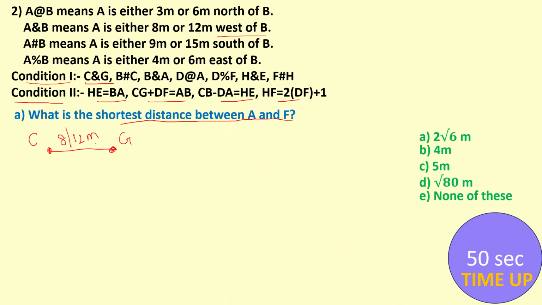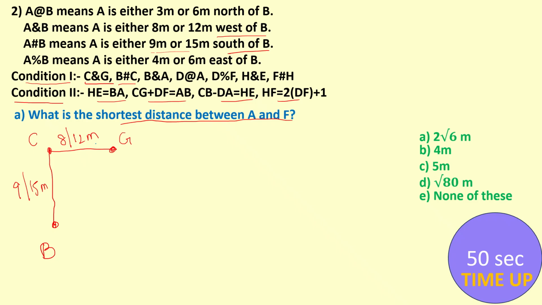Next, B hash C is given. B hash C means B is south of C. So B is south of C, I draw here. But there also we have confusion, it can be 9 or 15 meter.